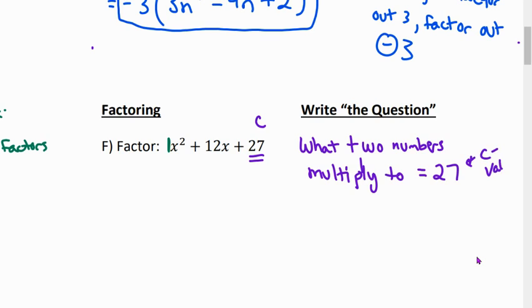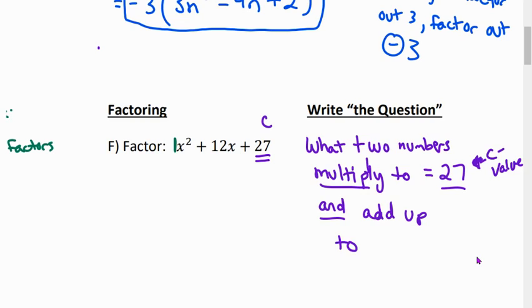That's your c value. And add up to your b value, which is 12?